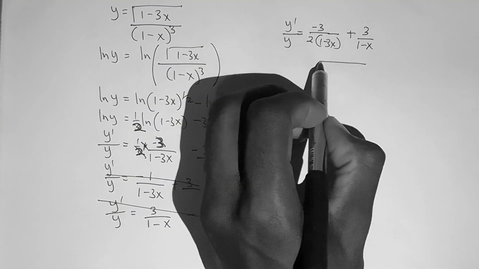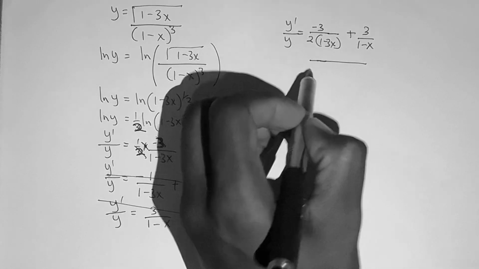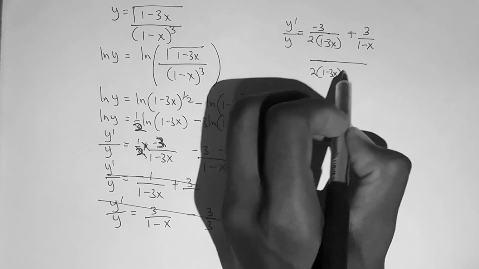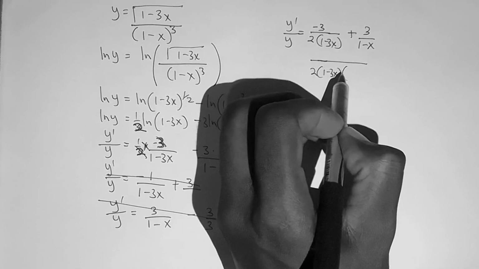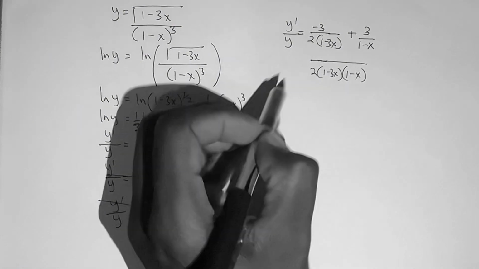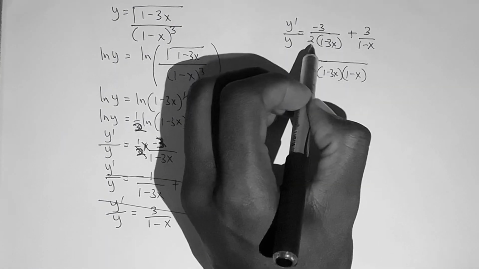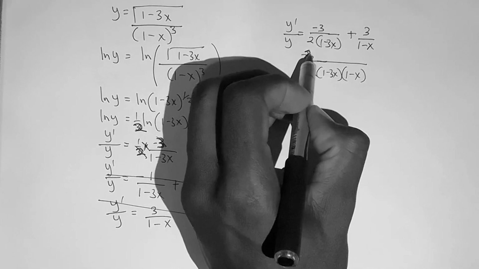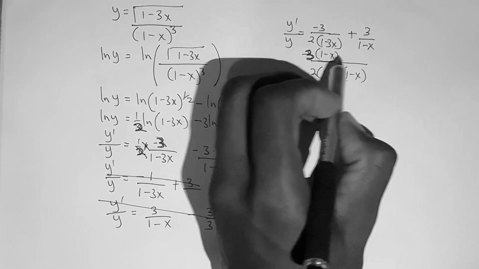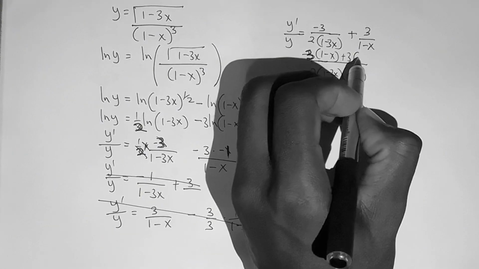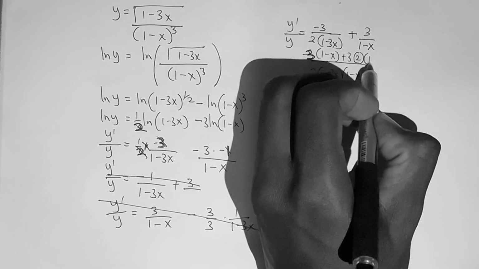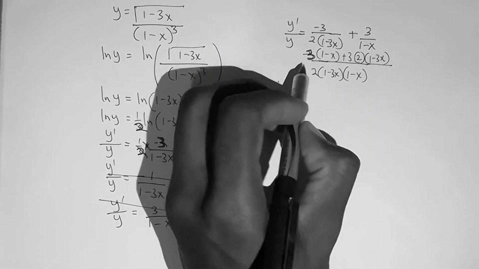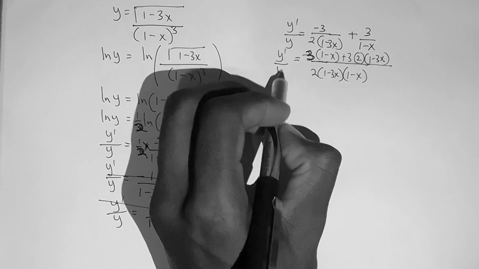So we can find the LCM in this case, and the LCM is 2 times 1 minus 3x, then times 1 minus x. So this part will divide this, so here becomes minus 3 times 1 minus x plus 3 times 2 times 1 minus 3x. That is for this part of the term. So this is equal to y prime over y.